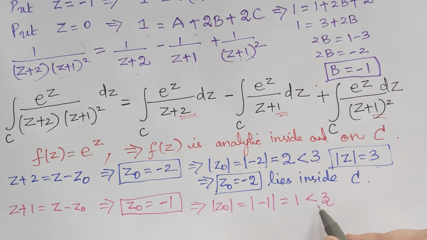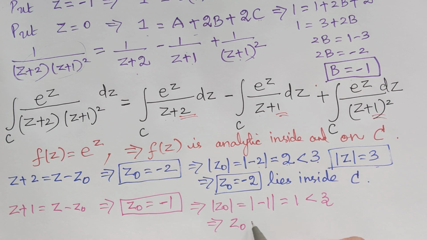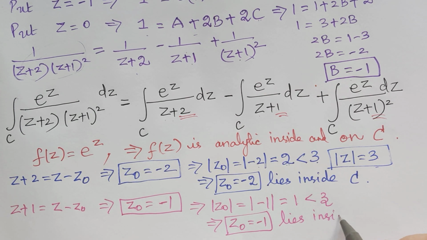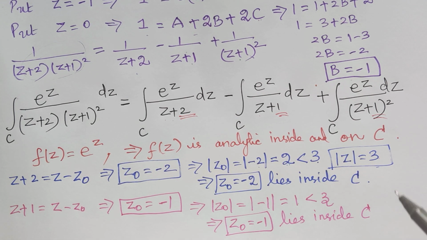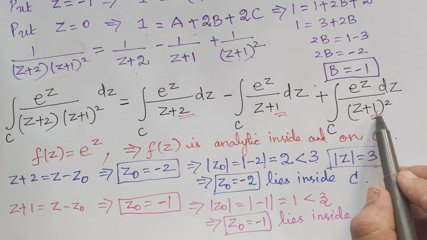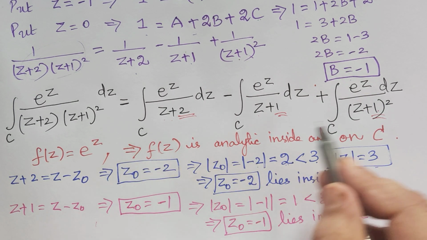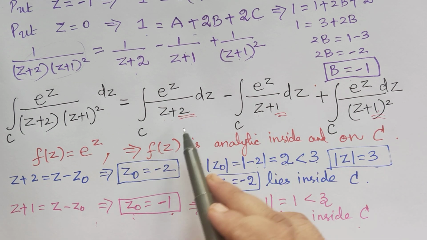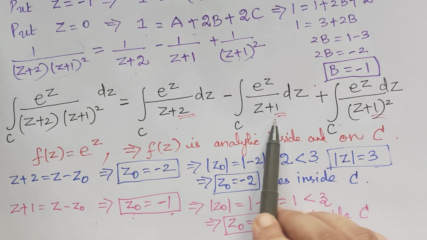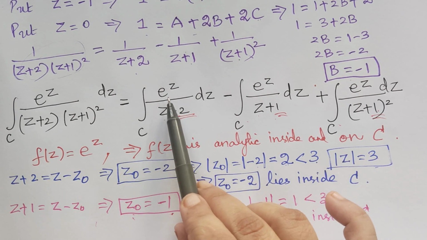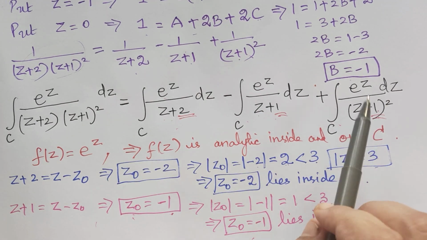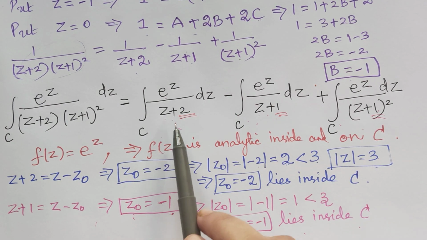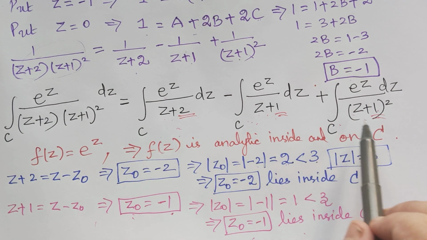So z naught equal to minus 1 lies inside the circle C. The last one is again z plus 1, with z naught equal to minus 1, which obviously lies inside C. So for all three integrals, z naught lies inside the circle C, and f of z equal to e power z is analytic, hence we can apply the Cauchy integral formula to all three integrals.